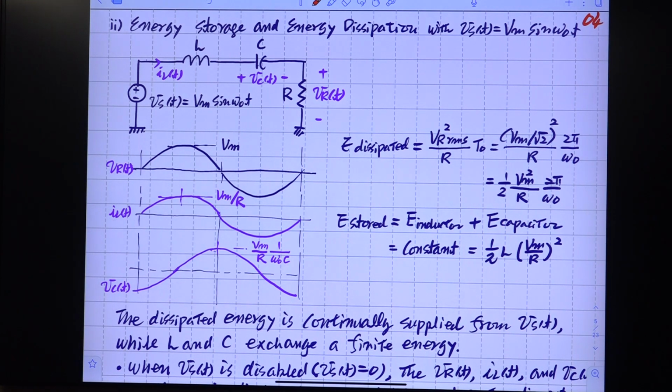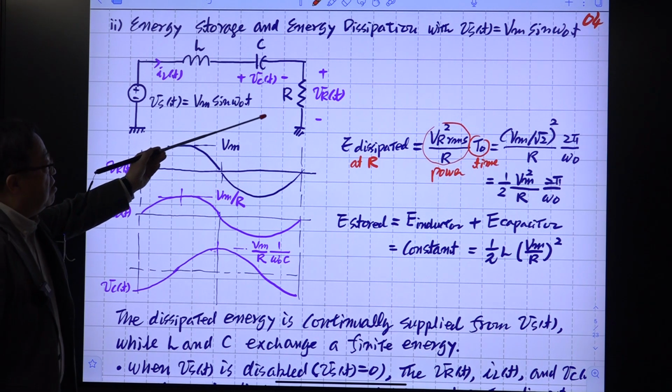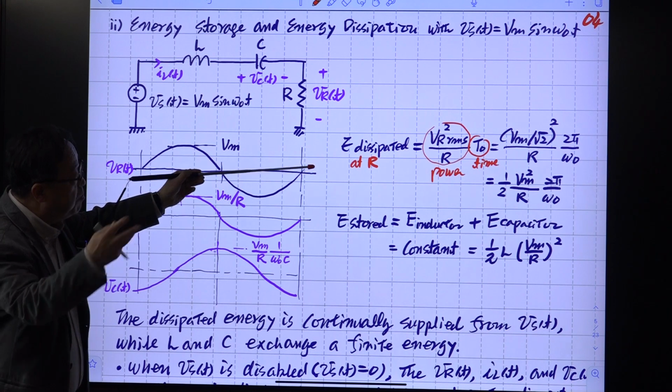Not in the rest of the circuit, just in R, which is the same as the total power dissipation in the circuit. Let's make it clear: this part is power, and power times this time is the energy dissipated in this R, maybe during one period.